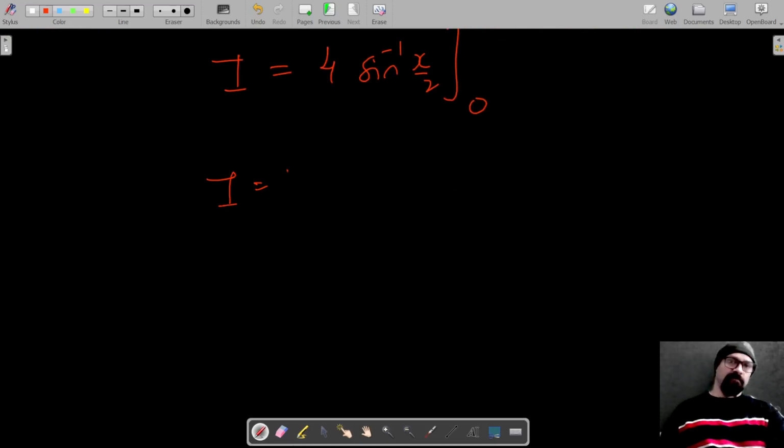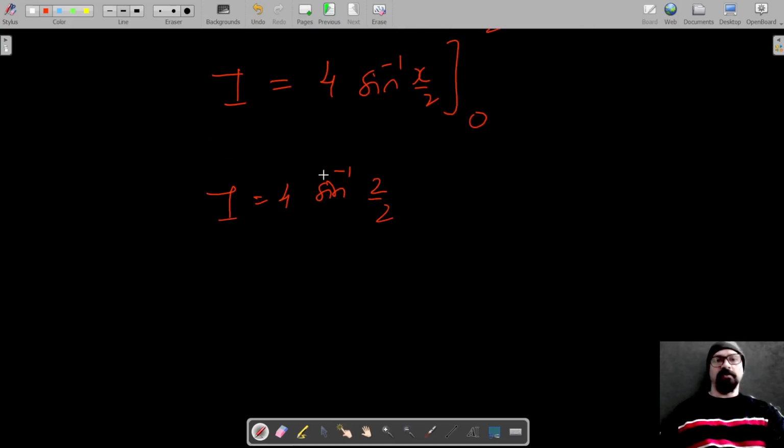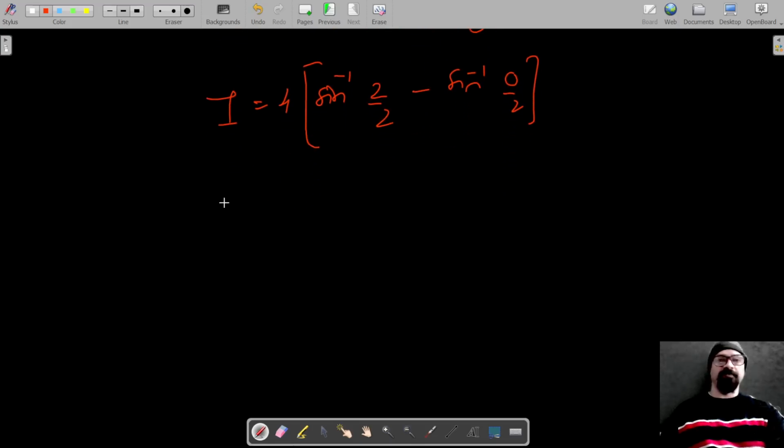So I is equal to 4 into sine inverse 2 by 2 minus sine inverse 0 by 2. This is sine inverse 1, and the angle for which the value of sine is 1 is pi by 2. And the angle for which sine is 0 is 0.